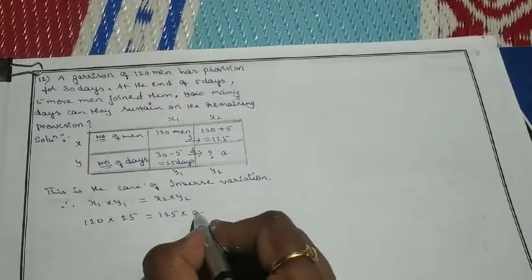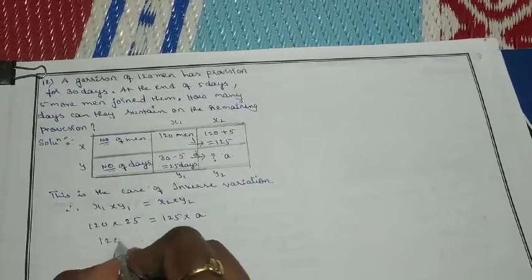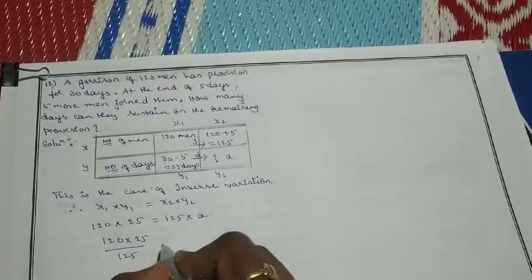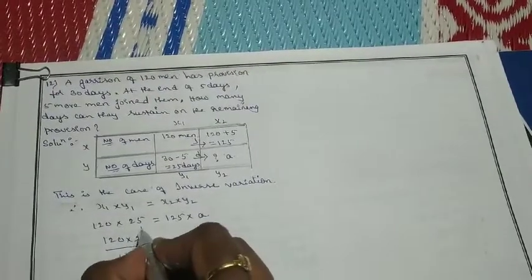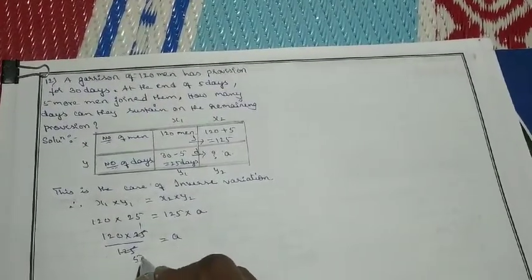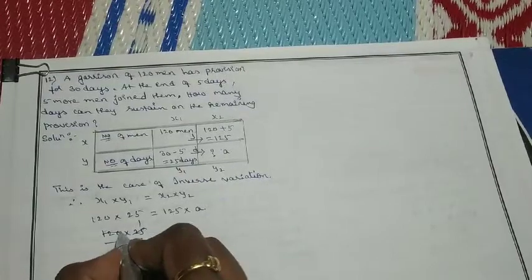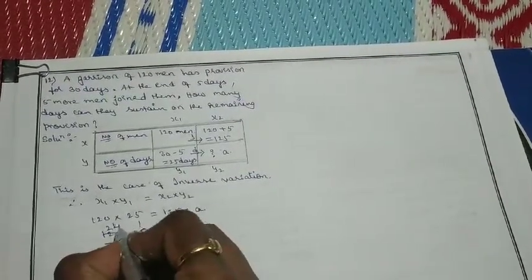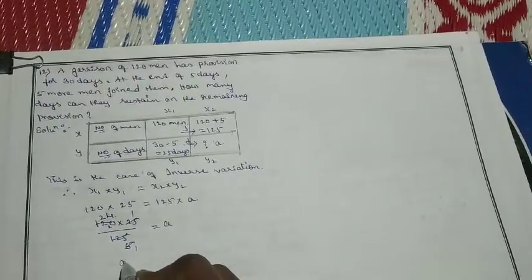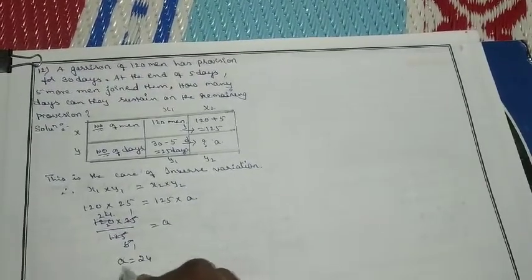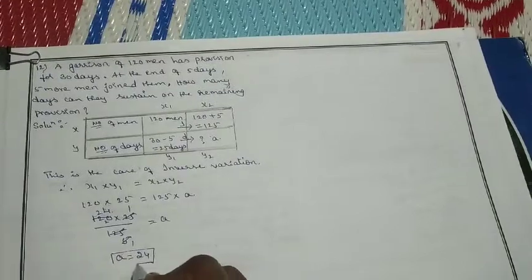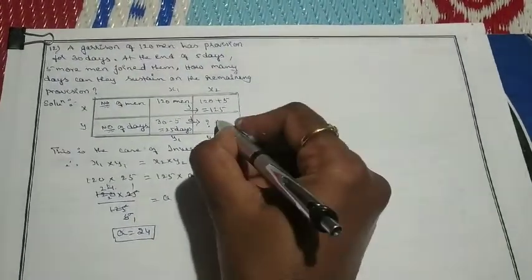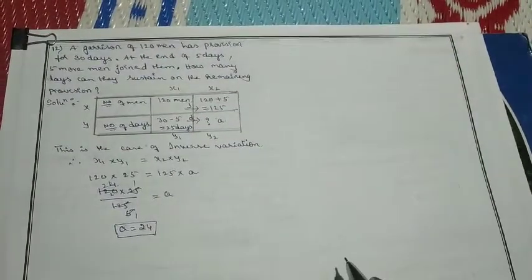So 125 and A are under multiplication, it changes to division, equals A. Then 25 ones are 25, 5 ones are 5, 5 twos are 10, 2 remains, 5 fours are 20. So A equals 24. According to our assumption, A is the number of days.